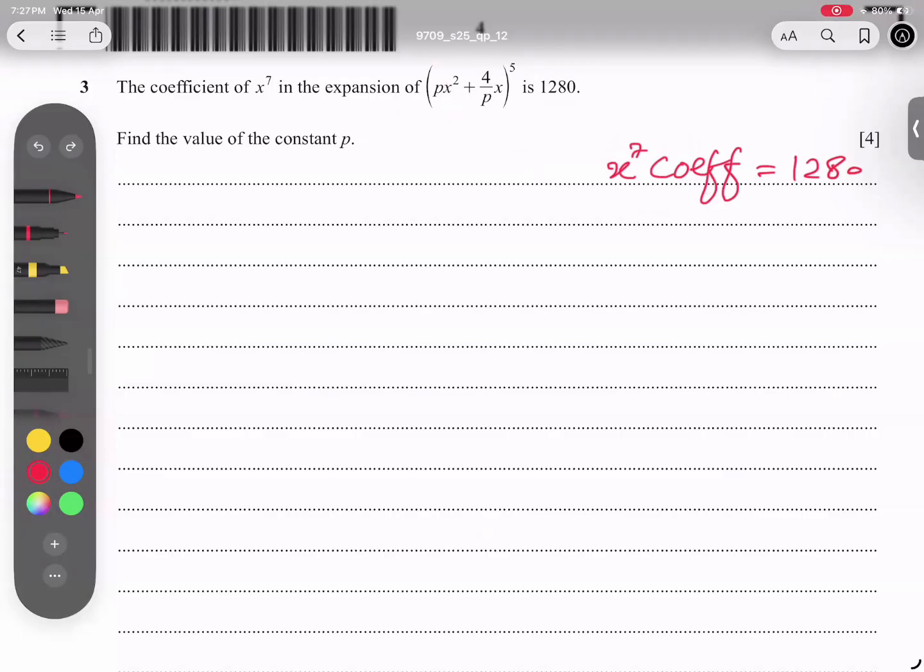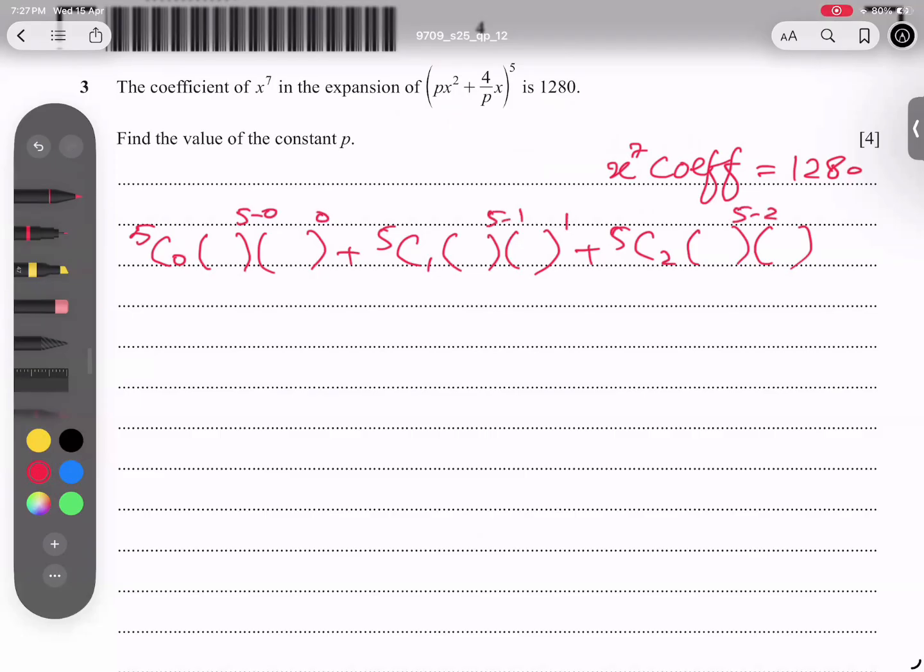So the first term will come 10. Have a look. 5C0, 5C1, 5C2. Just see the pattern. In here, the first power is 5 minus 0, the difference of these numbers. And here 0, here 5 minus 1, here 1, here 5 minus 2, here 2.